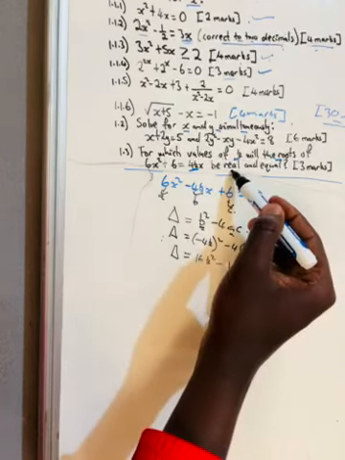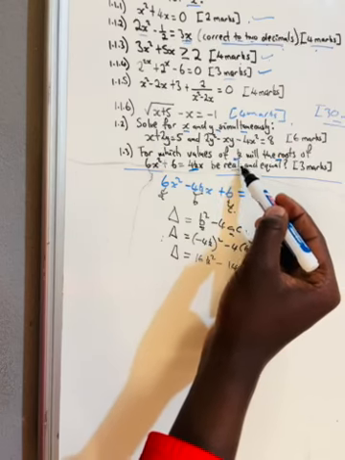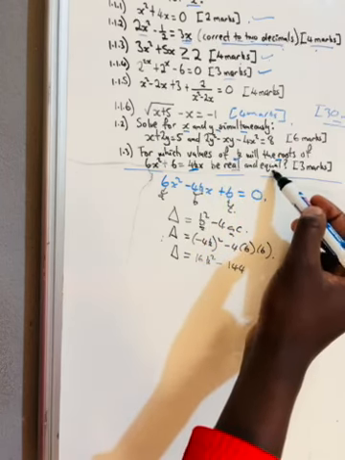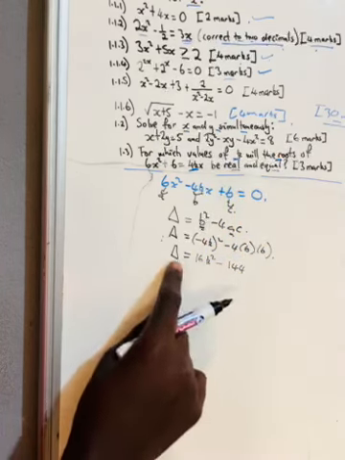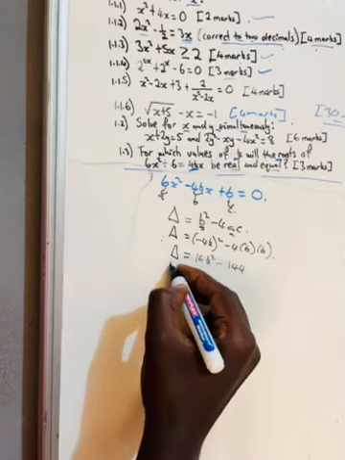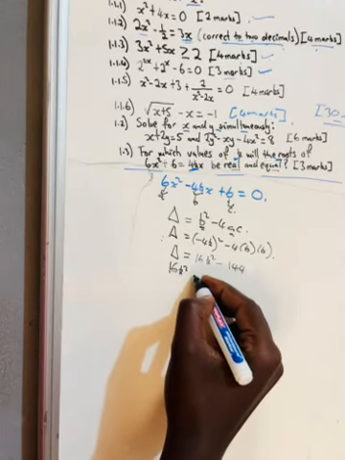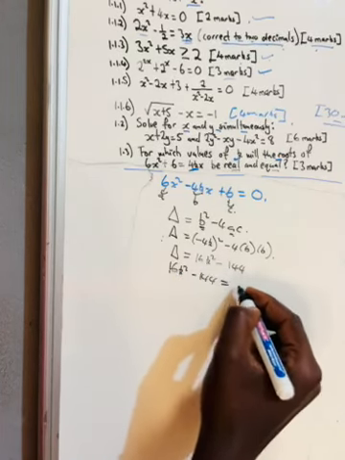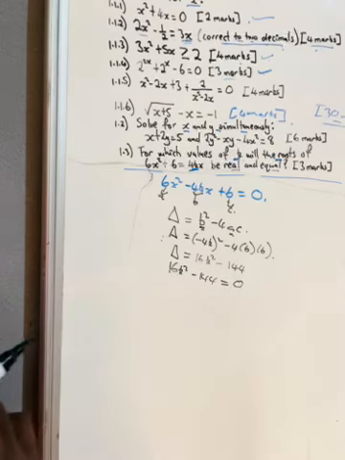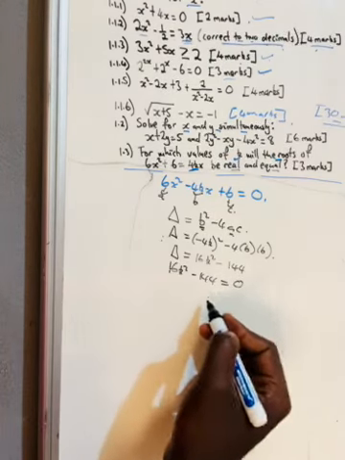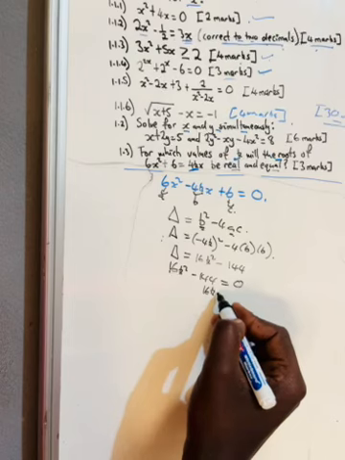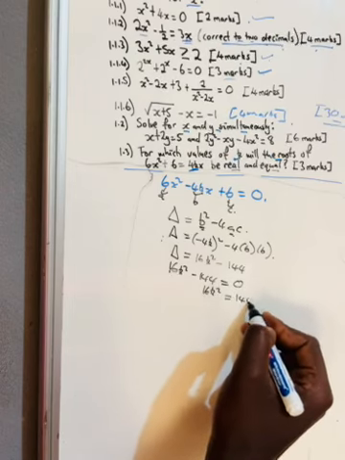But because they say that they are real, which means that they are part of real numbers, and they are equal, it means that the discriminant is equal to 0. So now I write 16k squared minus 144 is equal to 0. So I transpose the negative 144, it becomes 16k squared is equal to 144.